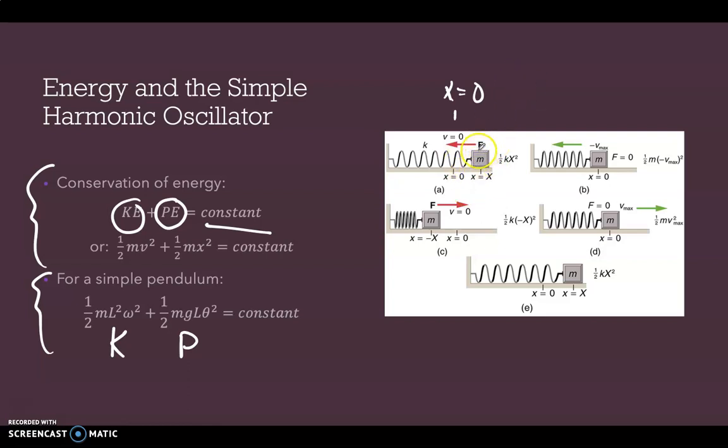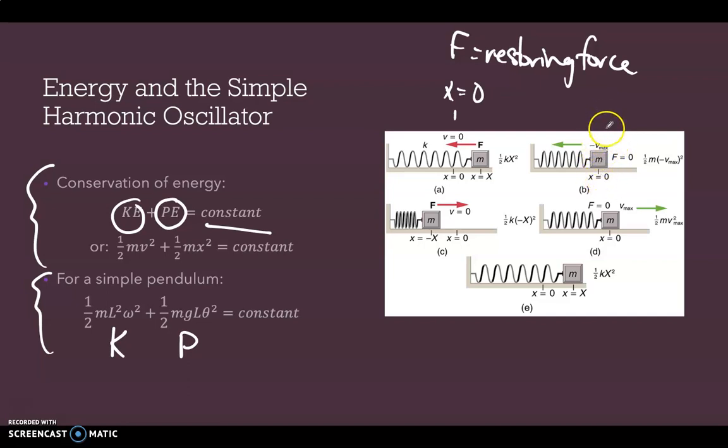It will have a restoring force. Remember that F is our restoring force that will try to push this mass back to equilibrium, back to x equals 0. And with that, there's going to be some sort of velocity involved.